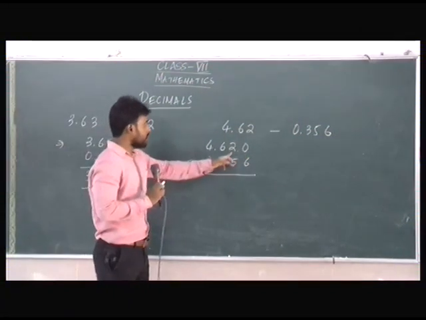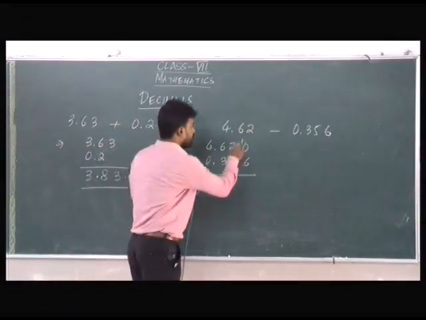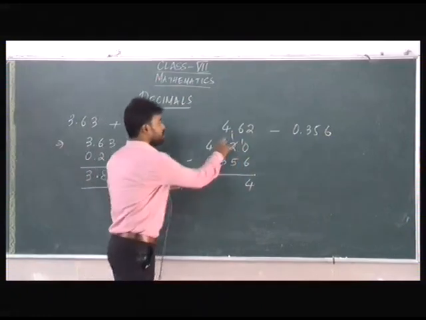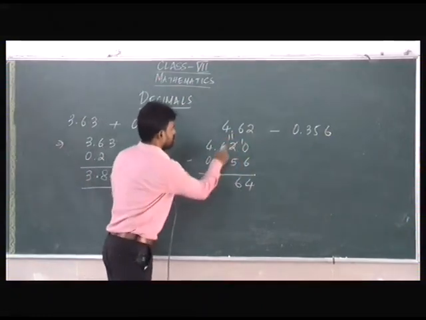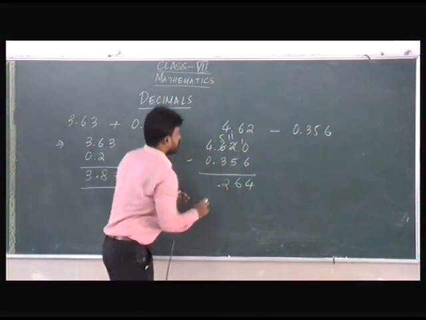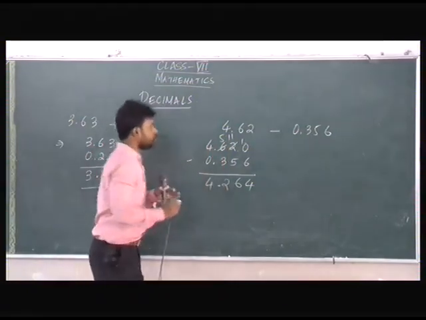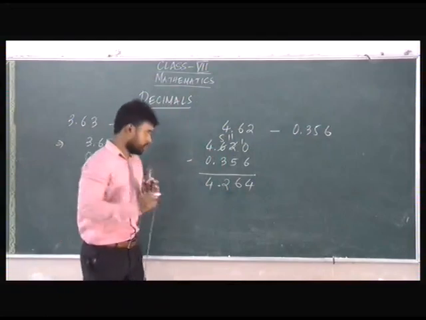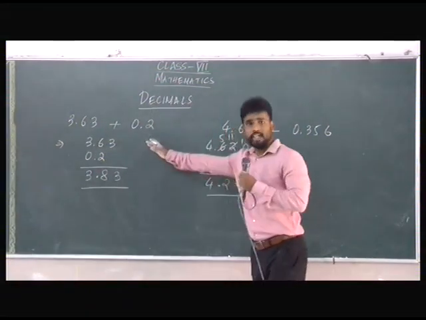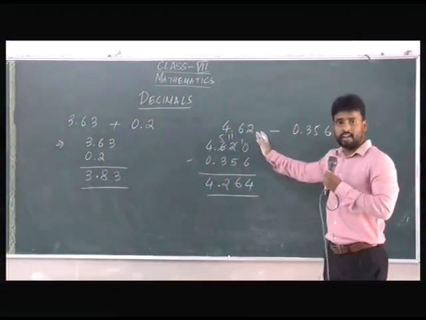Now what we'll do is we'll carry 1 from here. This will become 10. This is 1 here, again carry 1 here. This will become 5. 5 minus 3 will give you 2. And ultimately you'll get 4.264 as the answer. So this is how we add decimals, and this is how we subtract decimals.